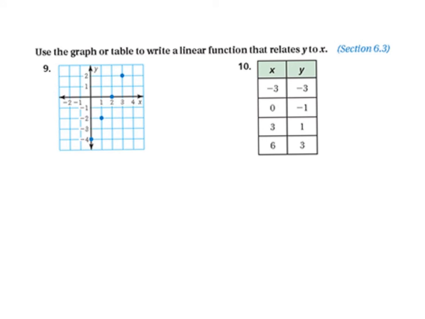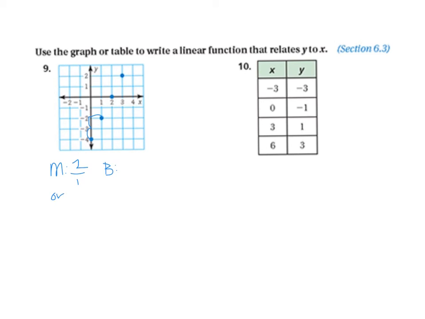So now on 9 and 10, it says use the graph or the table to write the linear function. So the first thing we have to do is we have to find the m, which is the slope, and we have to find the b, which is the y-intercept. My slope, if I look here, it's going up 2 and over 1. That's a slope of 2 over 1.